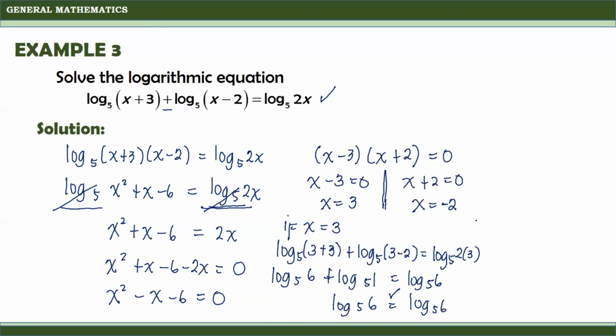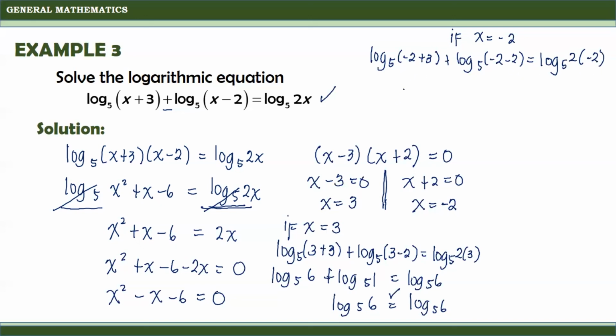Checking for x equals negative 2, we will be doing the same thing. If x is equal to negative 2, then the equation will become logarithm of negative 2 plus 3 to the base 5 plus logarithm of negative 2 minus 2 to the base 5 equals logarithm of 2 times negative 2 to the base 5.